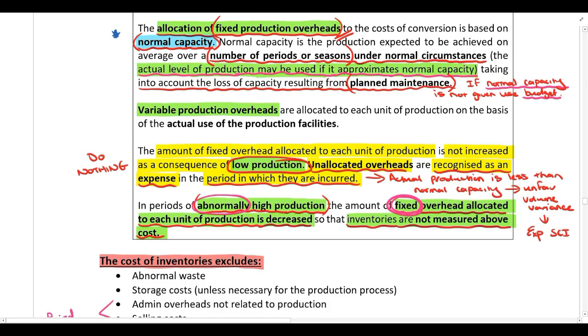Remember, if we have a favorable variance, it is treated as income in your statement of comprehensive income. If it's an unfavorable variance, it will then be an expense in your statement of comprehensive income.